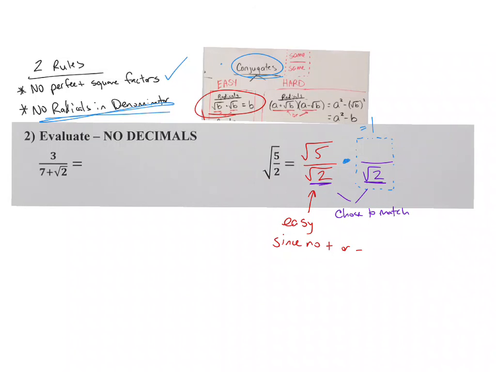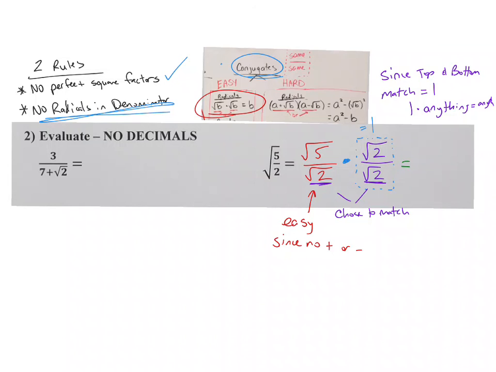I'm allowed to write whatever I want as long as the top and bottom match. So since top and bottom match, it's equal to 1. 1 times anything is anything. So this doesn't change anything.